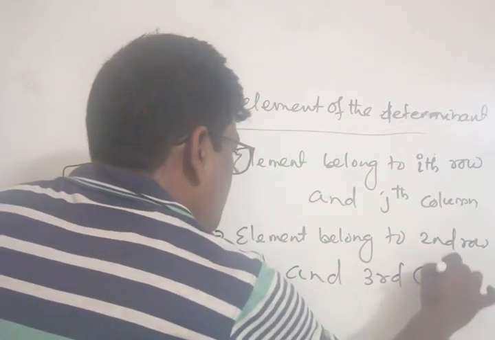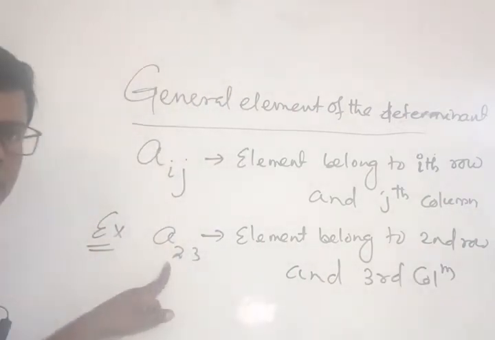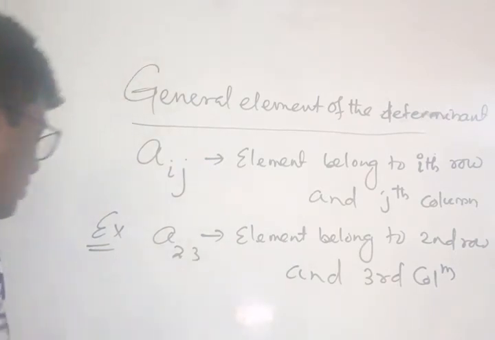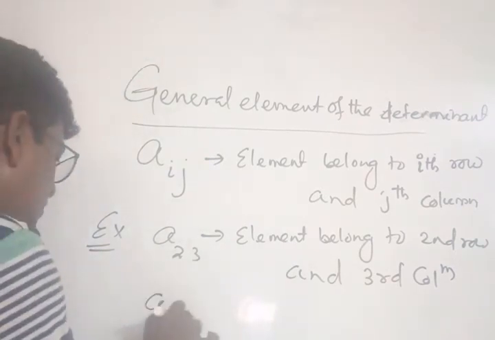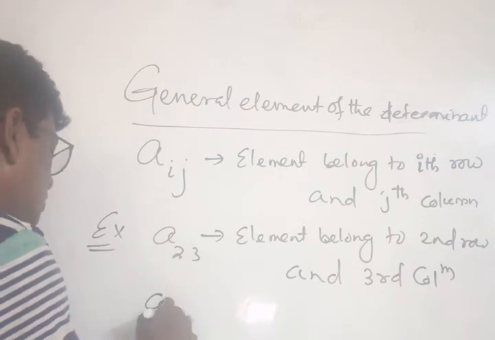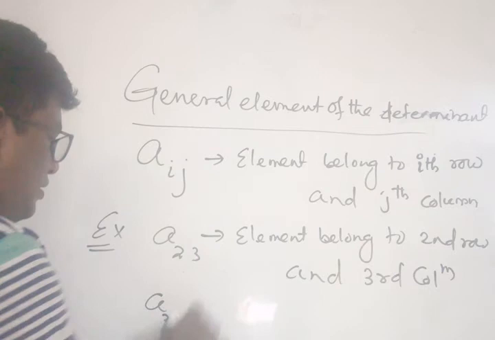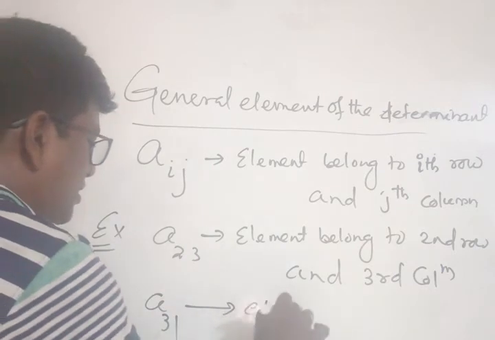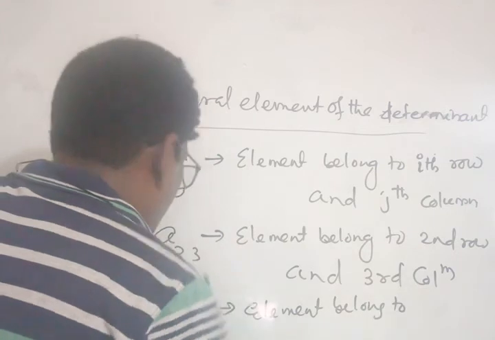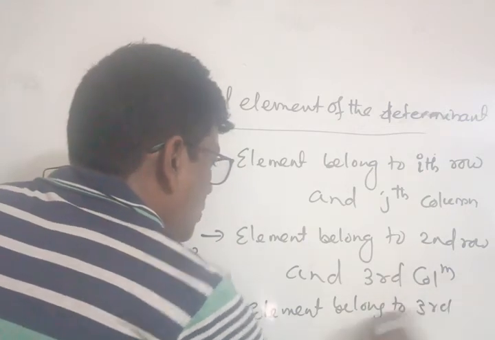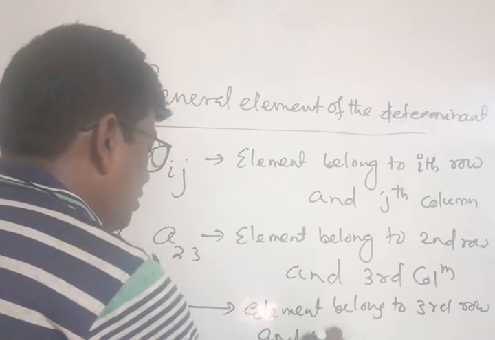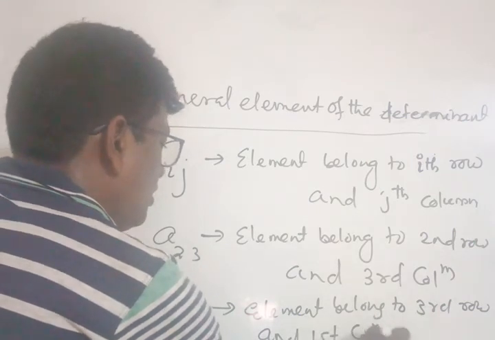The first number indicates the row number, and the second indicates the column number. Suppose A31: this is the element belonging to the third row and first column. Clear?